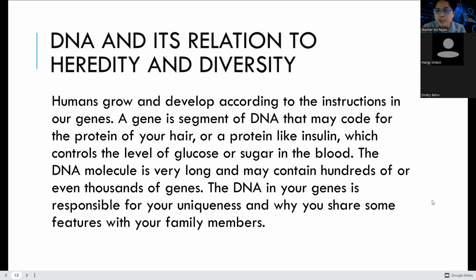The DNA in your genes is responsible for your uniqueness. That's why we are unique. Even identical twins or even Siamese twins are not the same if you look at them. It could be their physical appearance or their behavior, which may differ.